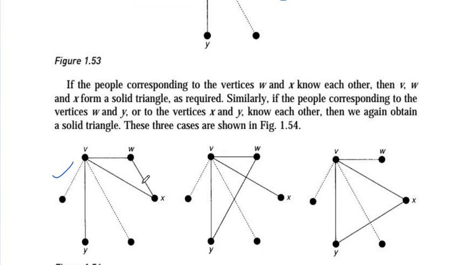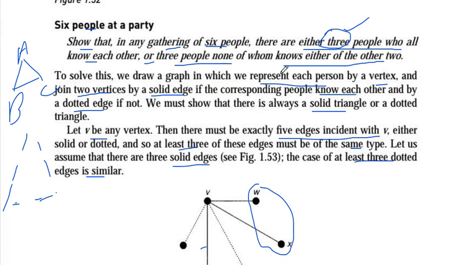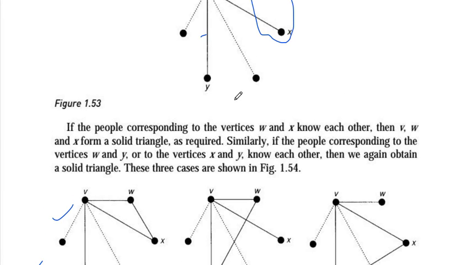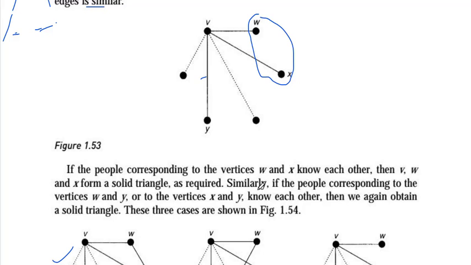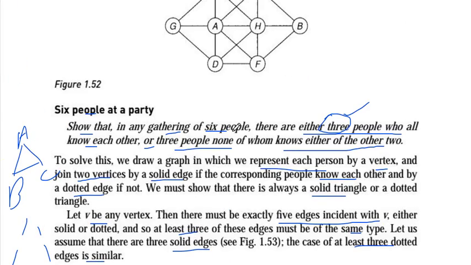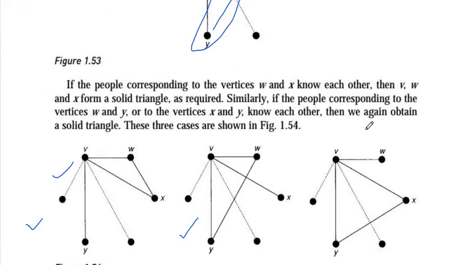Here our triangle is formed, so our first theory, that three people know each other, is true. Now if the people corresponding to W and Y know each other, this will again make a V, W and Y triangle, so this possibility is also true for our theory.